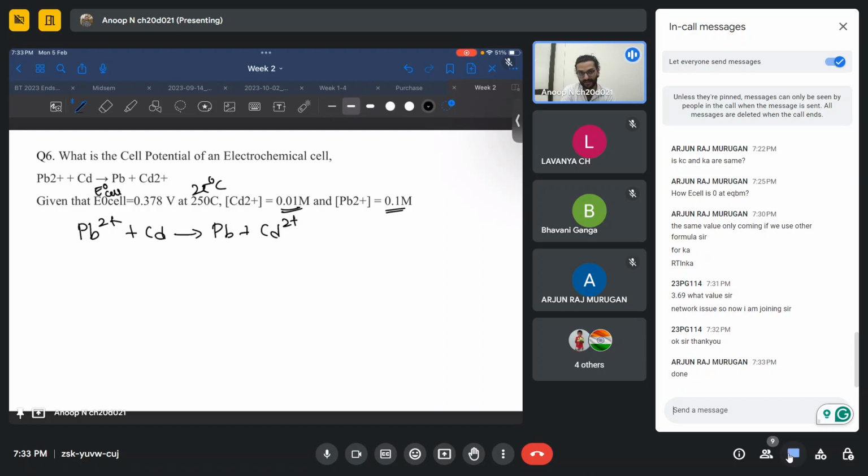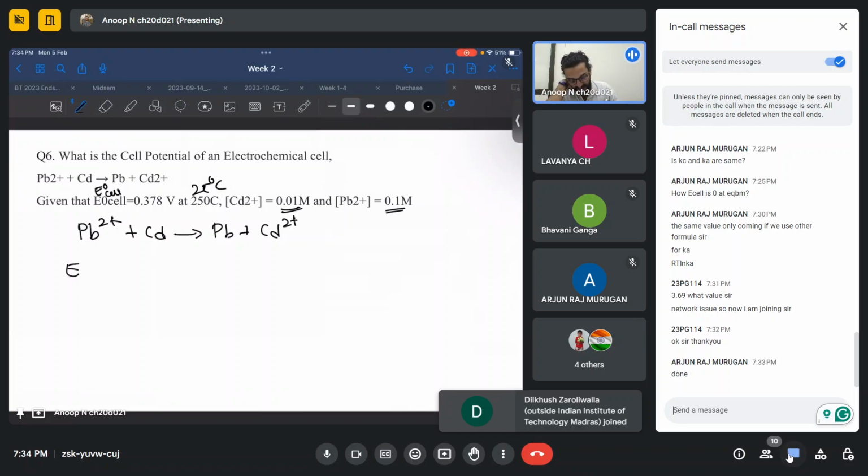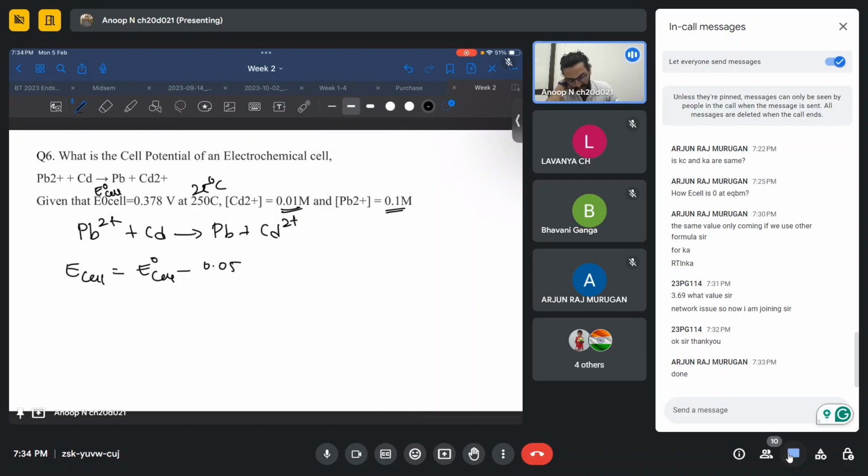So we have E0 cell. Using that, you have to find out E cell. I'll just write the equation. E cell is equal to E0 cell minus 0.0591 divided by n log Kc.